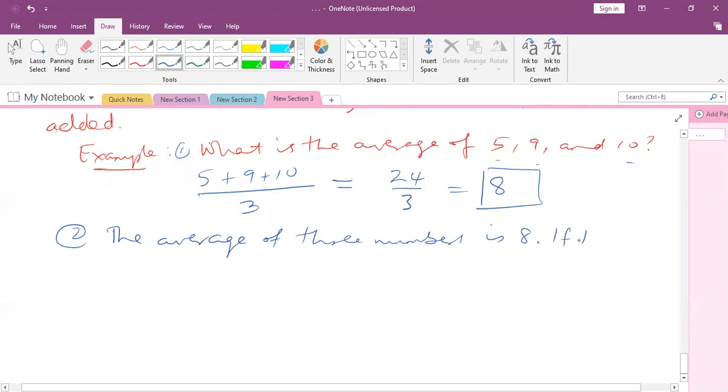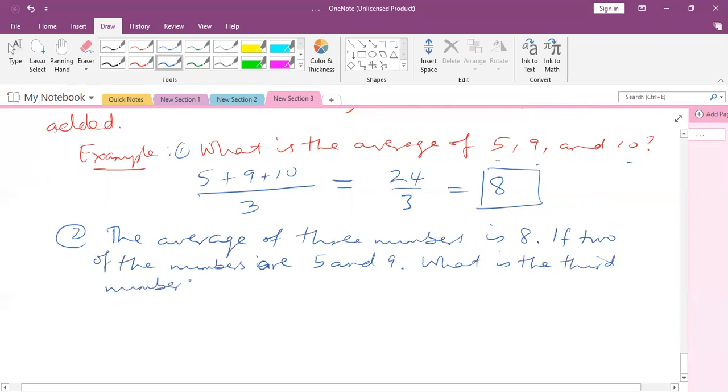If two of the numbers are 5 and 9, what is the third number?